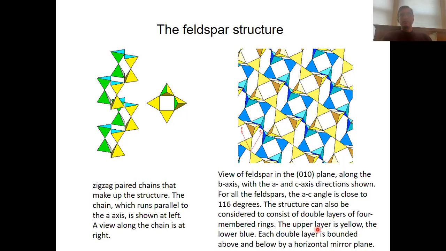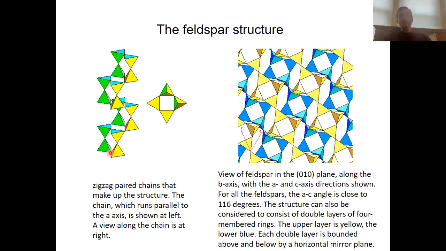So here's its structure, and the structure is a little bit similar to that of coesite. So you can conceive this feldspar structure as zigzag paired chains. Okay, so see here we have chains of these yellow tetrahedra and chains of these green tetrahedra. Okay, and these chains are paired in the sense that they are sharing corners.